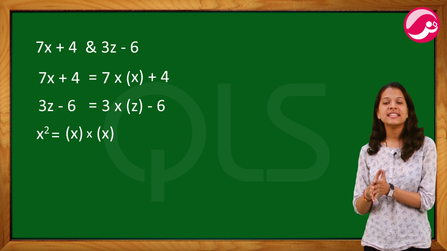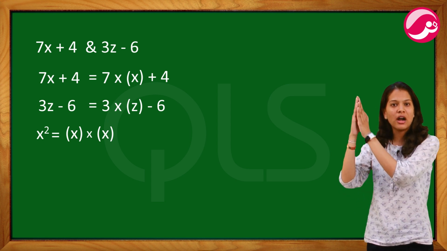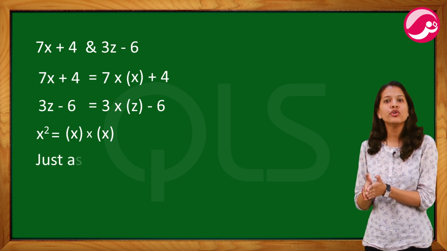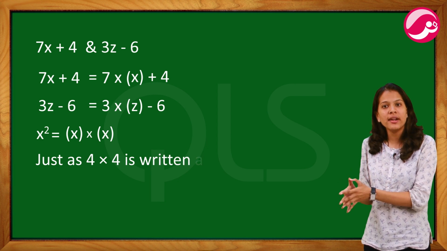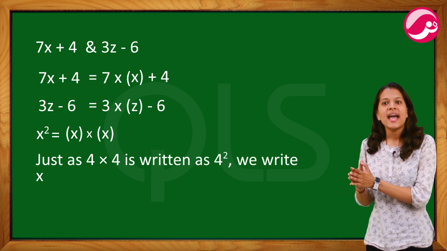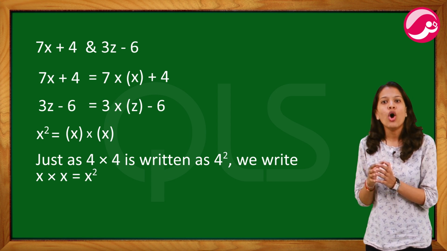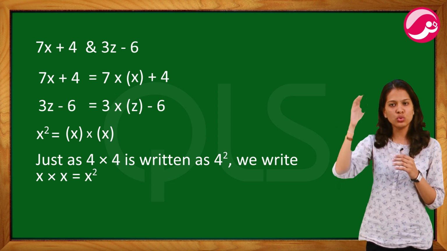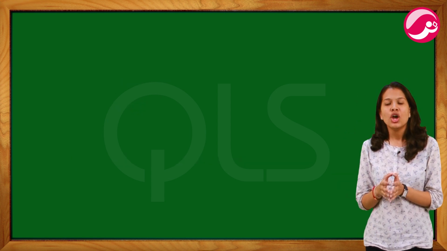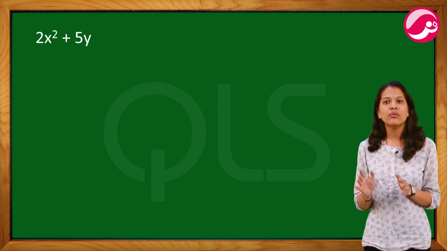The expression x squared is obtained by multiplying the variable x by itself. x into x is equal to x raised to the power 2. Just as 4 into 4 is written as 4 squared, we write x into x as x squared. It is commonly read as x squared or x raised to the power 2. Now, consider the expression 2x squared plus 5y.